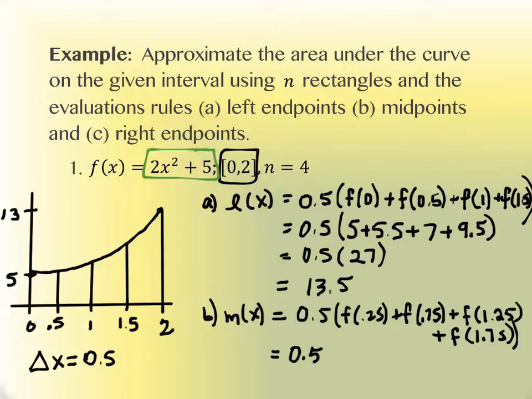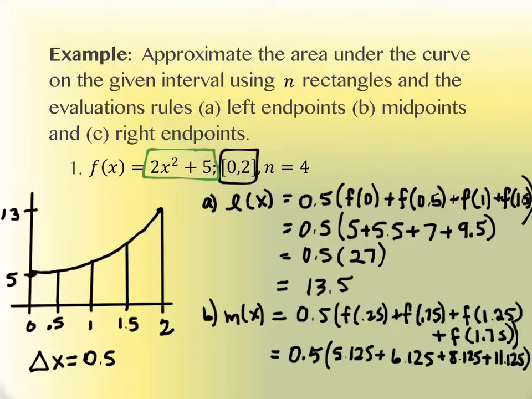Your table will find for you the y value, and these are actually a little bit longer in terms of decimal expansions. What do you get at f of 0.25? 5.125. How about f of 0.75? 6.125. How about at 1.25? 8.125. And the last one at 1.75? 11.125.